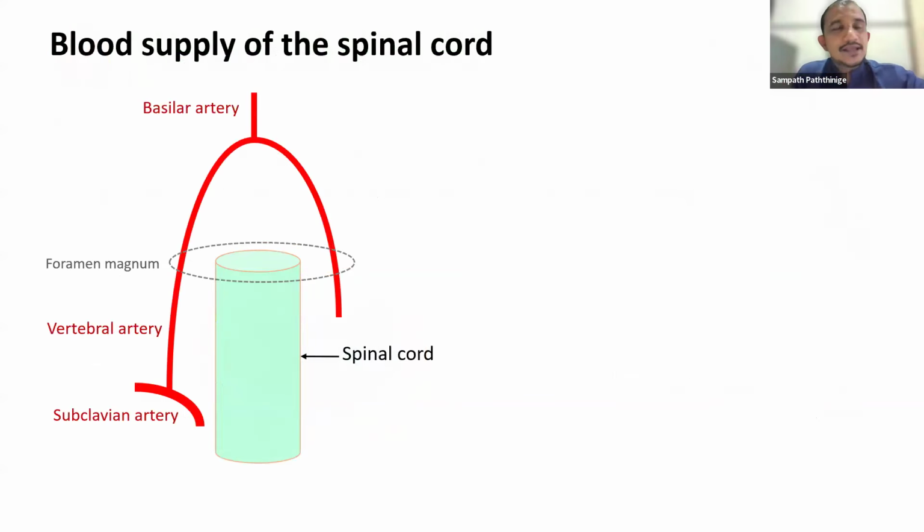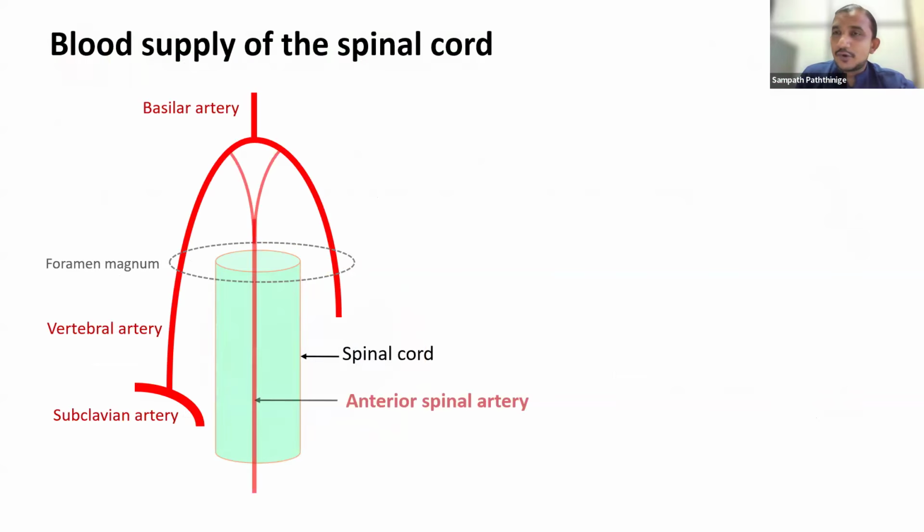So then there are some syndromes which can be explained by the blood supply of the spinal cord. Basically, what you need to know is the spinal cord is supplied by two main arteries. The anterior spinal artery begins from two twigs which come from the two vertebral arteries and descends on the anterior median fissure.